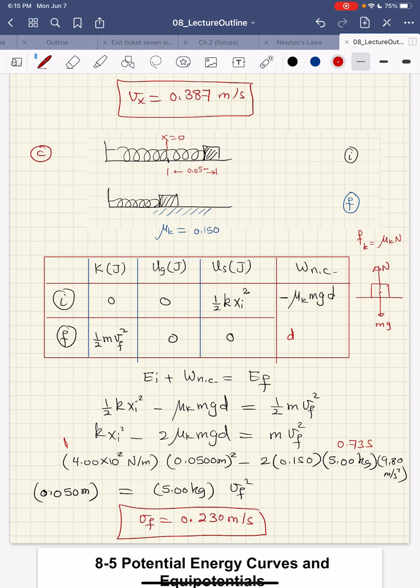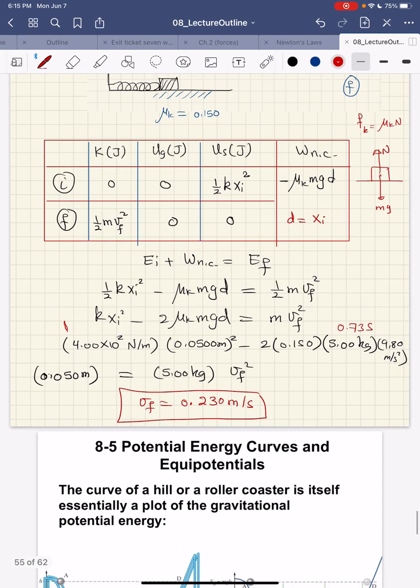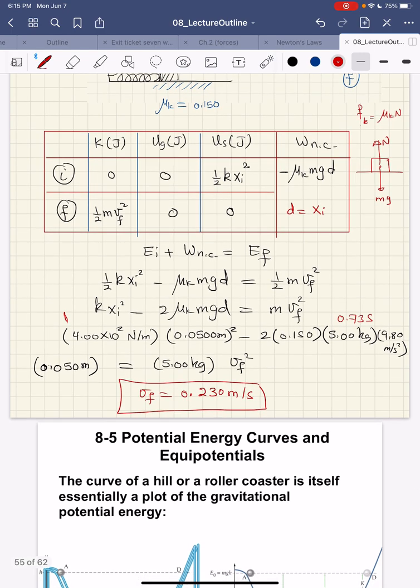Also, d here equals xi because my object was moving. I don't like to use xi here for the friction because you are used to this equation having d in it, and the minus I have because of the cosine of 180. What I can do is add all the terms on the first row.